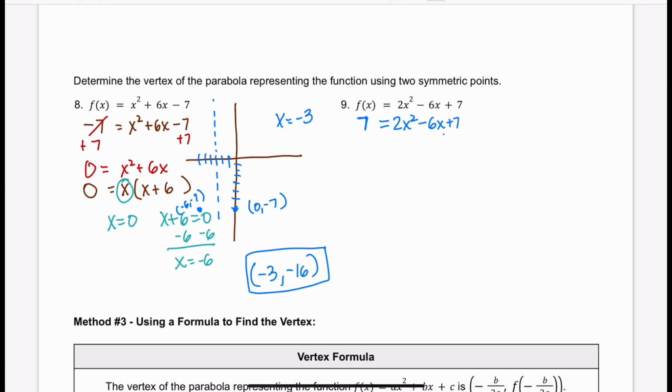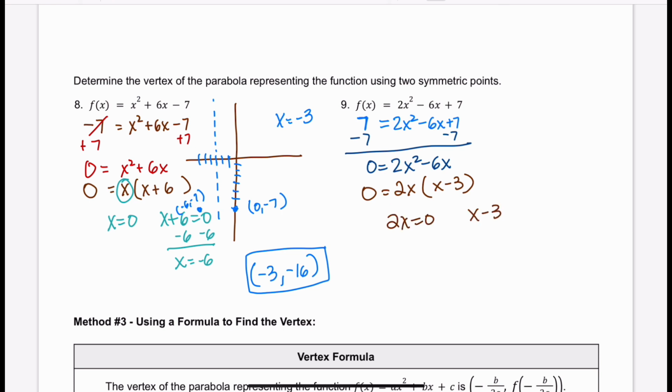I subtract 7 from both sides, and I get 0 equals 2x squared minus 6x. They both have an x in common, a 2 and an x, so I factor that out. And I set both pieces equal to 0. So 2x equals 0, and x minus 3 equals 0. And so x is going to equal 0, and x is going to equal positive 3.